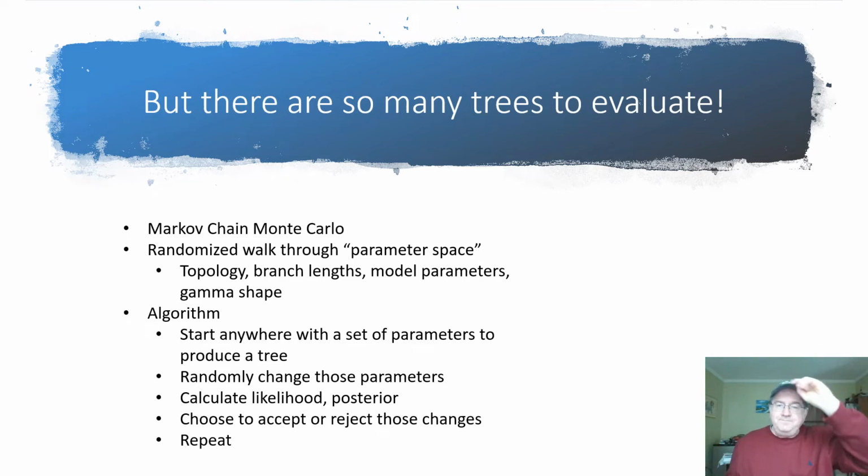The problem is, as I tried to illustrate in the last video, with telling you how many possible trees there are for a given set of OTUs, that there are too often just far too many trees to evaluate.